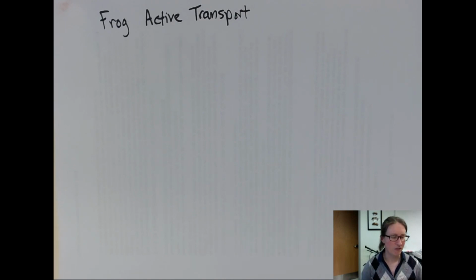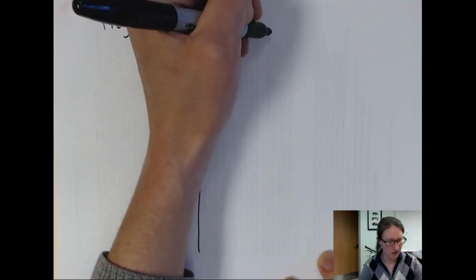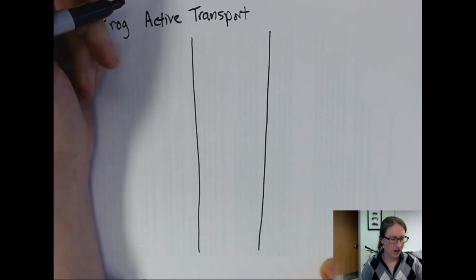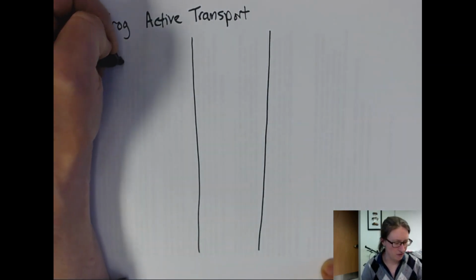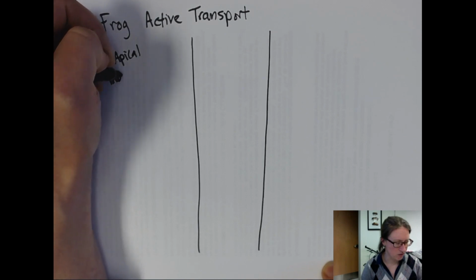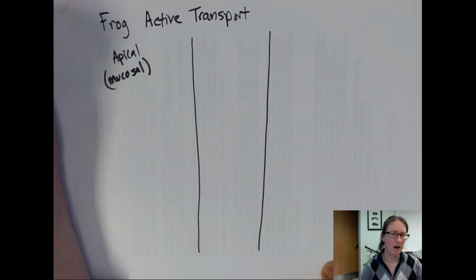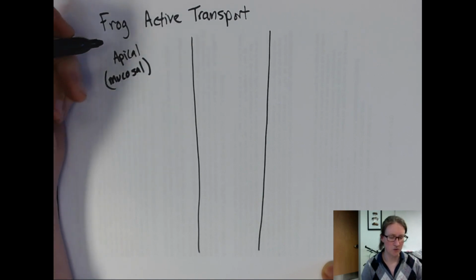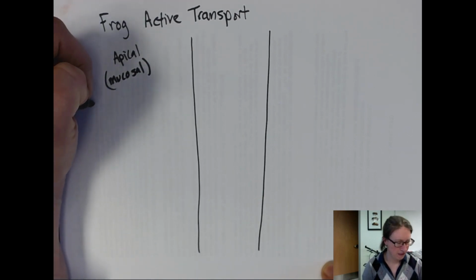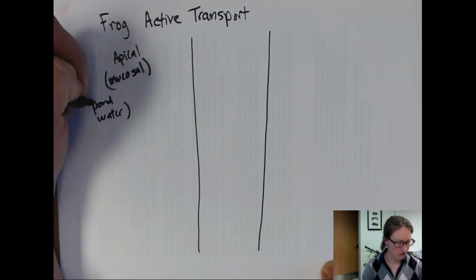So when we're thinking about a frog skin, we're going to just designate two different sides to the skin's surface. One side, which we'll call the apical surface, is also referred to as the mucosal surface. And this is where the frog skin interacts with the surrounding environment. So we could also call this where there's going to be pond water.